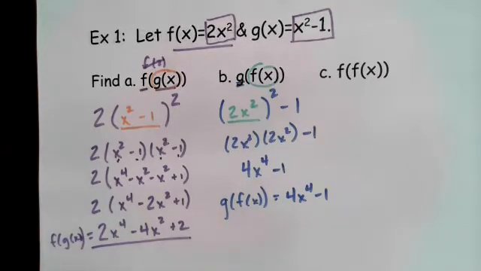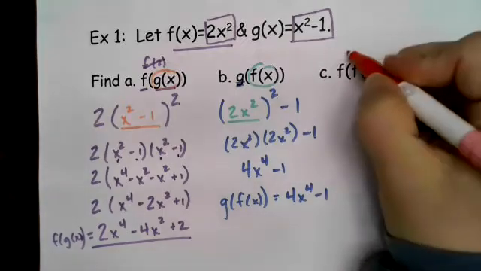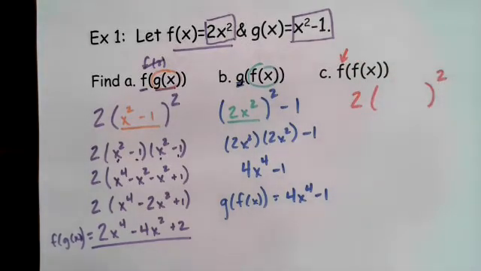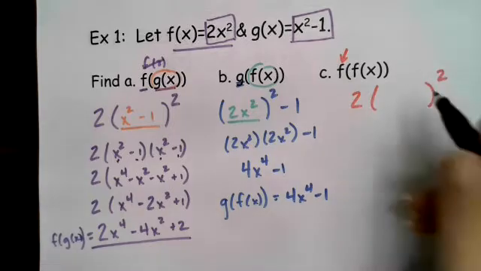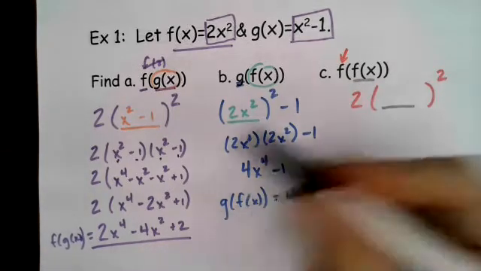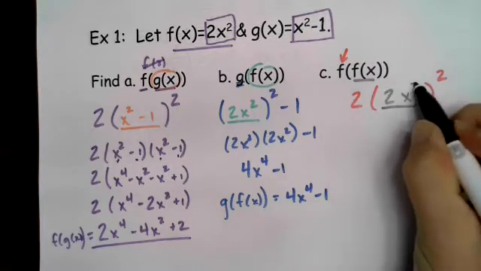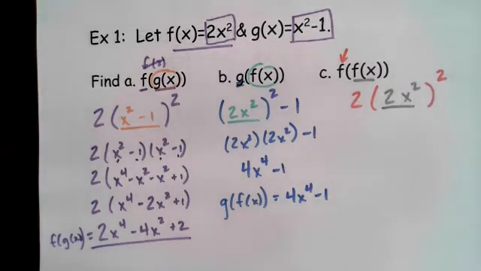Right, so for my third problem, I'm going to plug a function into itself. Start with the outside function, which is 2 times x squared. In this space, I'm going to plug in my entire function, f of x. I plug it in again, this time with the x, so I have 2x squared. And then I'm going to clean this up with my order of operations.